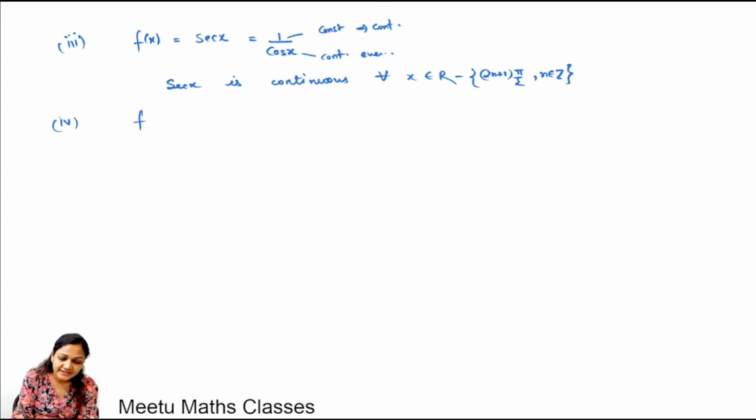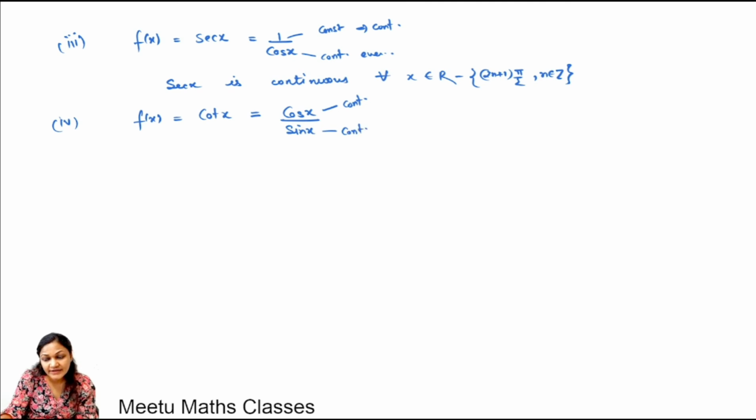Now consider f(x) equals the cotangent function cot x, and that equals cos x upon sin x. Again cos x is continuous everywhere, sin x is continuous everywhere.